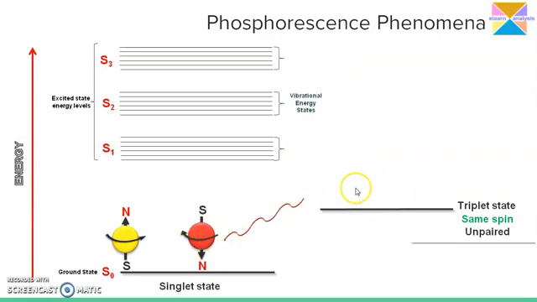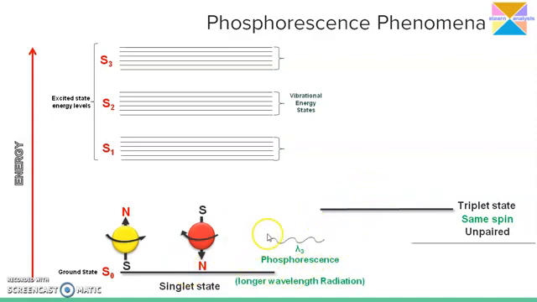And during this journey from the triplet state to the singlet ground state, there is radiation that emerges, which we call phosphorescence, and this phosphorescence is usually of longer wavelength when compared to the UV visible radiation which was taken up for the excitation process.